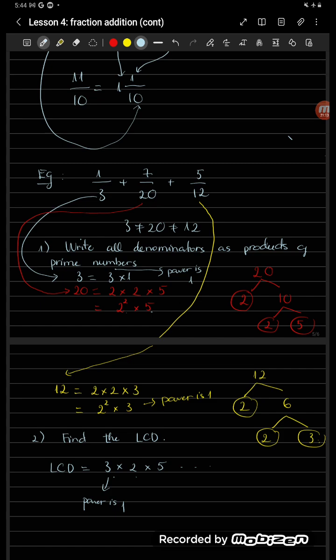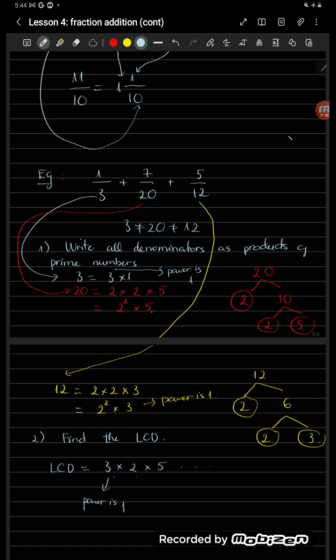We need to fill in the highest power, but because the highest power is 1, for the least common denominator, the number 3 also appears with the highest power as 1 only. Okay? And now we go to the prime number 2. So if you look here, 3 times 1, we don't have a 2 here, so don't care about it.